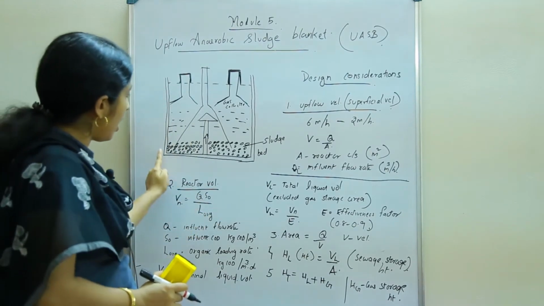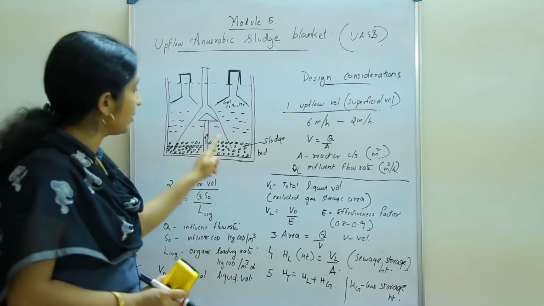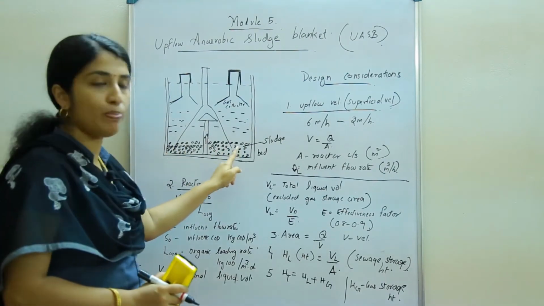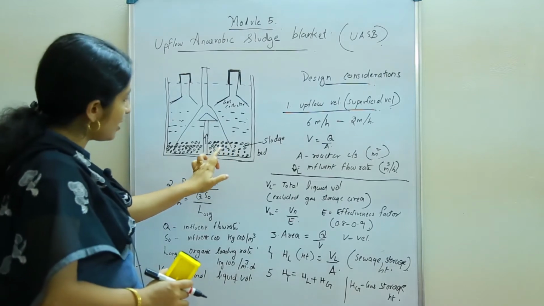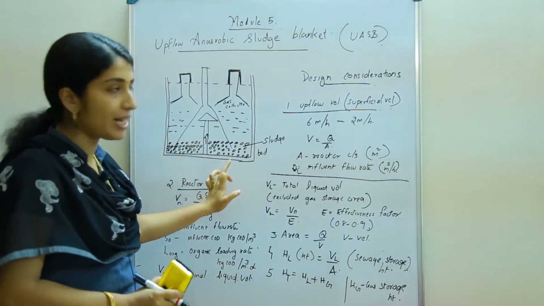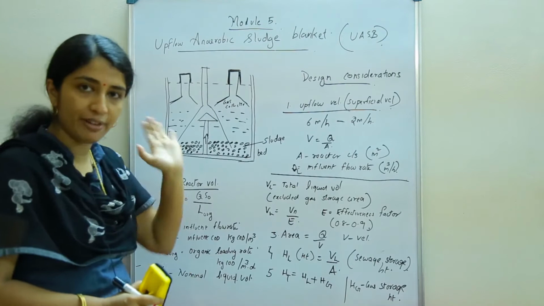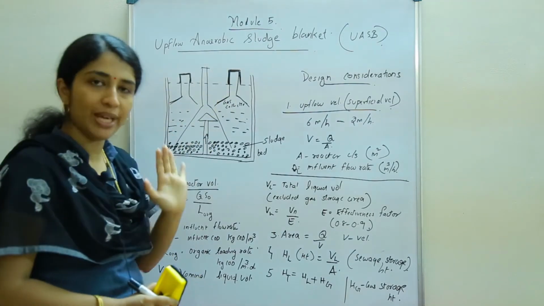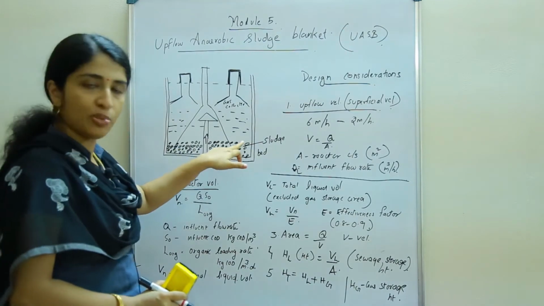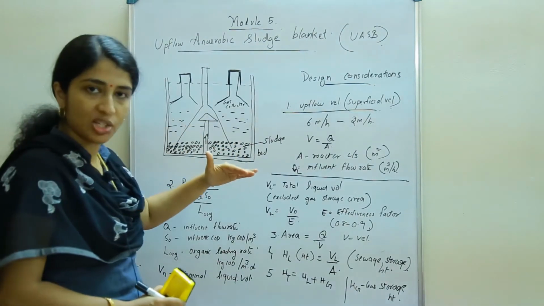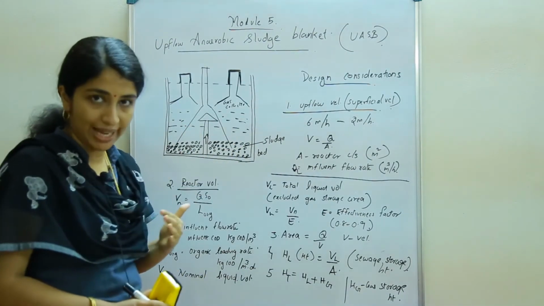In this UASB reactor, there is a sludge blanket which is settled at the bottom. This sludge is formed by the functioning of the UASB itself. This settled sludge is called the sludge blanket.